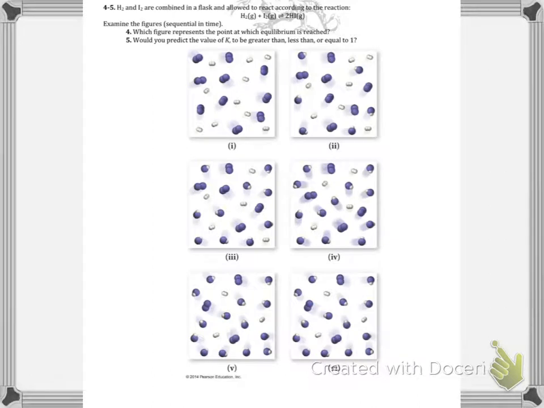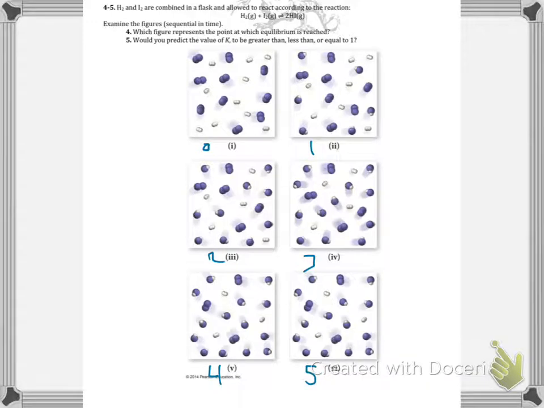For this particular problem, it's asking us to determine at which point equilibrium is occurring, and if the K value is greater than, less than, or equal to 1. Now what this is showing, these are 6 different pictures through time. This is time 0, this is time 1, this is time 2, 3, 4, and 5.